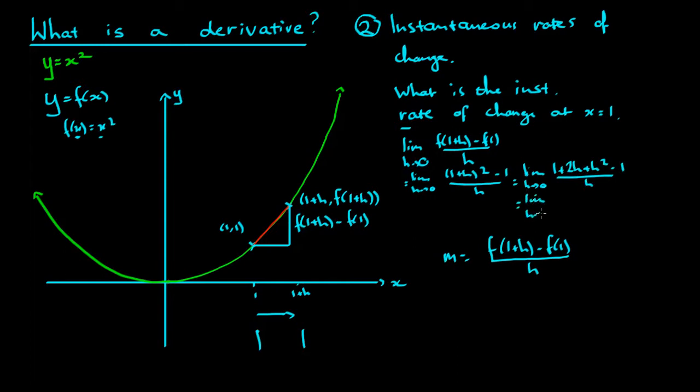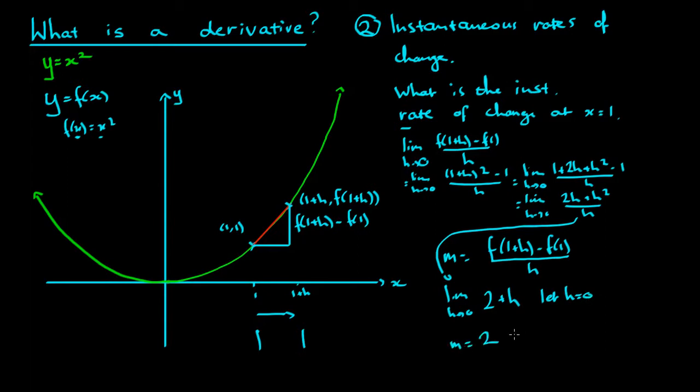which is equal to the limit as h approaches 0 of 2h plus h squared on h. Divide everything by h, so it's equal to the limit, hang on, it's getting a bit crowded. We're going to move our working down here. Limit as h approaches 0 of 2 plus h, and since here we're not dividing by h, we can just let h equal 0, so the gradient equals 2.